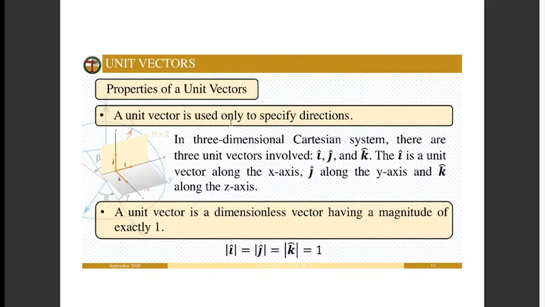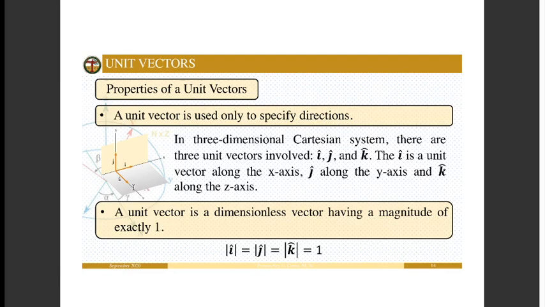So last slide, we are talking about unit vectors. So what are unit vectors? Unit vectors are, again, dimensionless vectors. So they are only used to specify the direction, wherein your i hat represents the direction along the x-axis, your j hat represents the direction along the y-axis, and your k hat represents the direction along the z-axis.